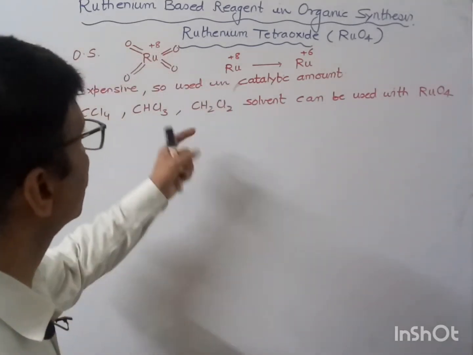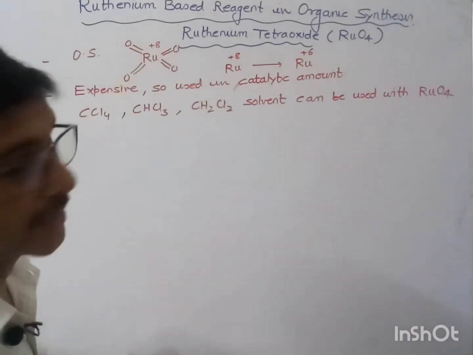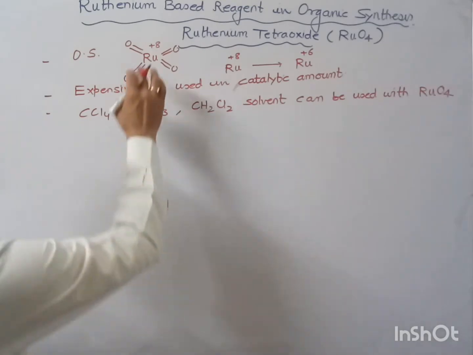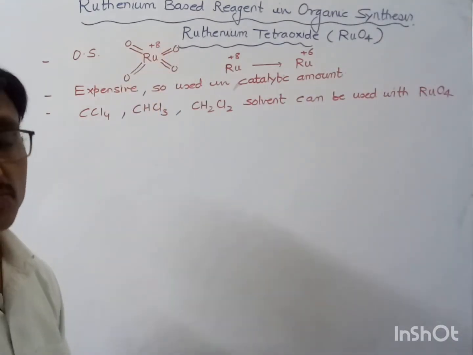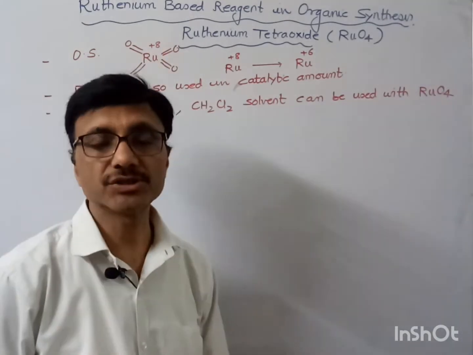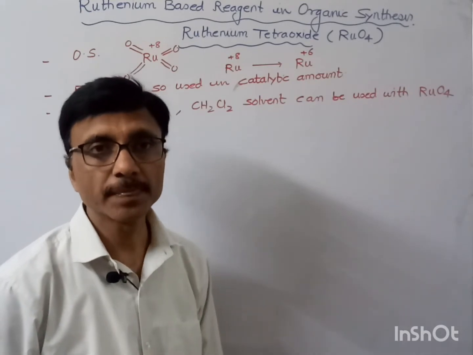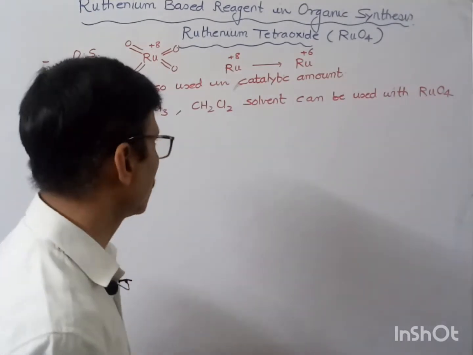Ruthenium tetraoxide is quite electrophilic in nature. So benzene, being electron rich, reacts with ruthenium tetraoxide.